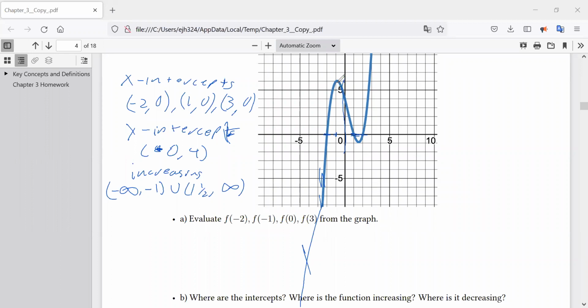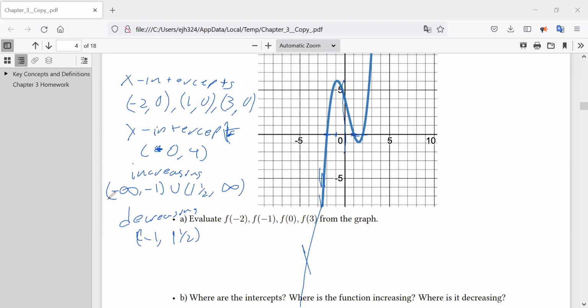And then where is it decreasing? It would be decreasing from -1 to 1.5, right? Yeah.